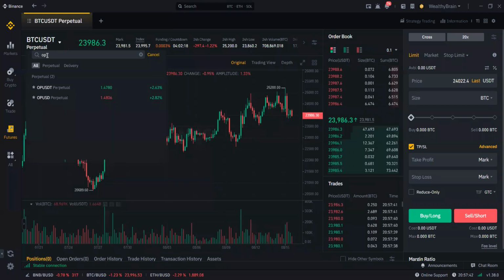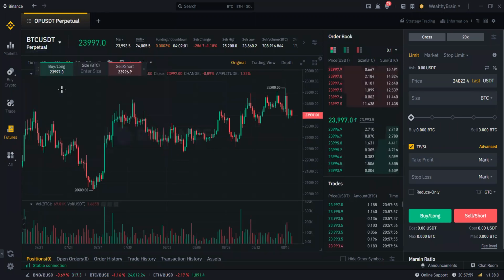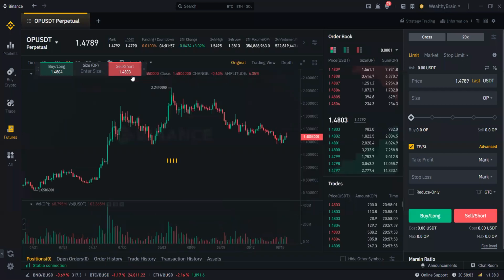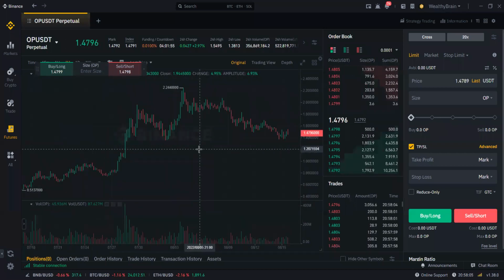Let's check. You see that OPUSDT, and we have OPUSD. So you can trade on this OPUSDT and OPUSD depending on the pair you are given, the coin you are given to trade. So if you are given this OPUSDT, just click on it, let it open. You can see that now you are in the trading zone.